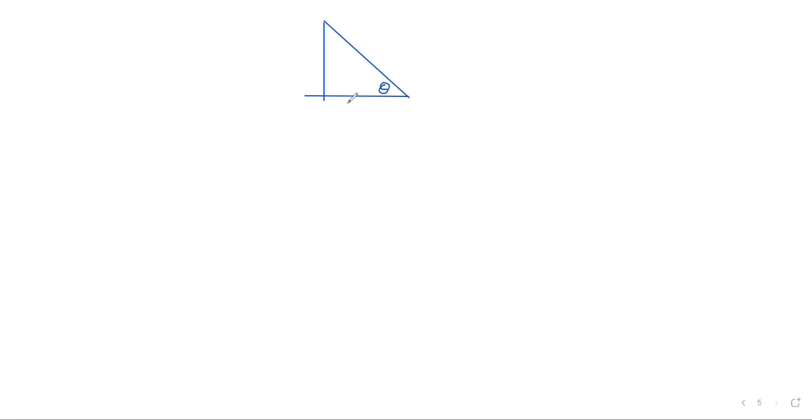We are given this side here, 7. We are given that side there, 8. Say A, B, C forms a triangle where angle C is theta. Number 1, you find theta. Number 2, you find AC.